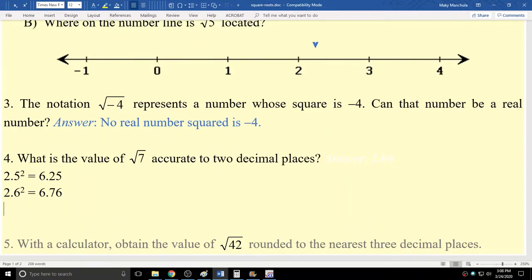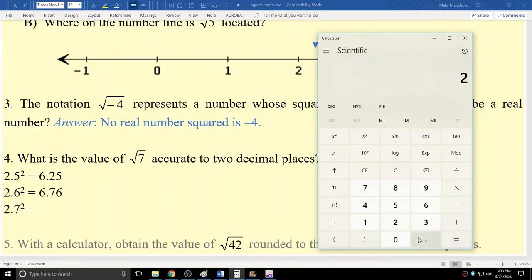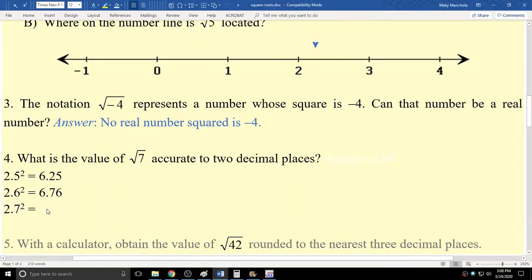So let's go to 2.7. 2.7 squared. What's that equal to? We can put it in the calculator. 2.7 squared is 7.29. Now this is a little bit too high.